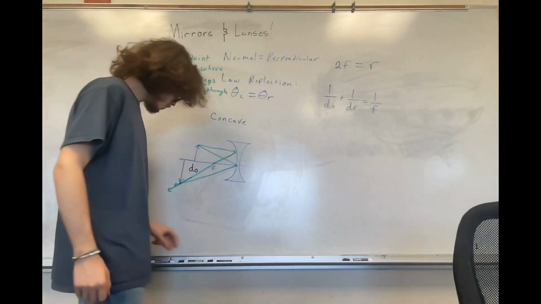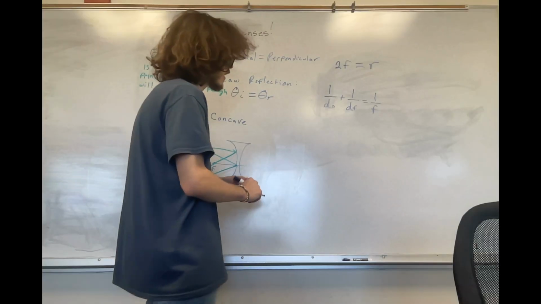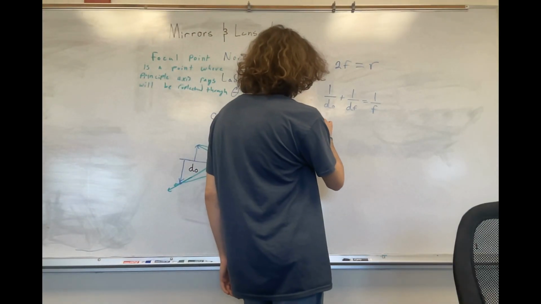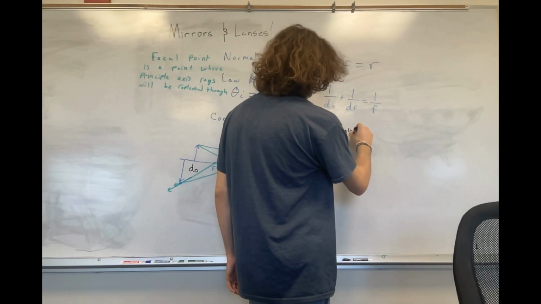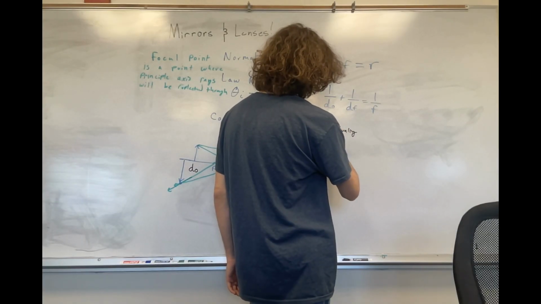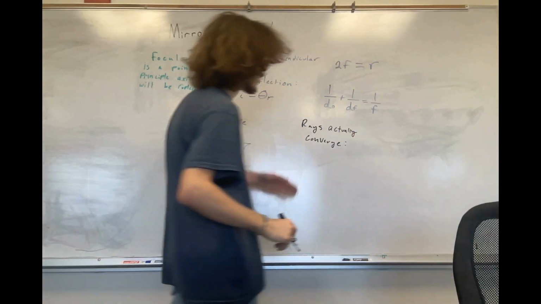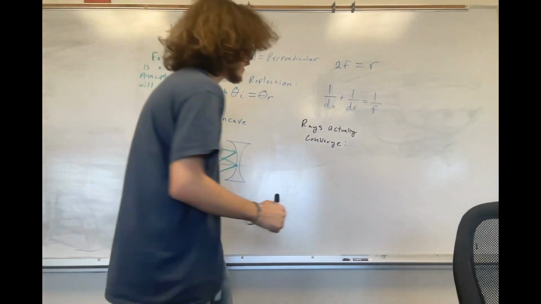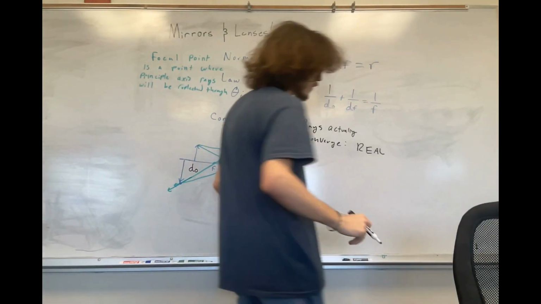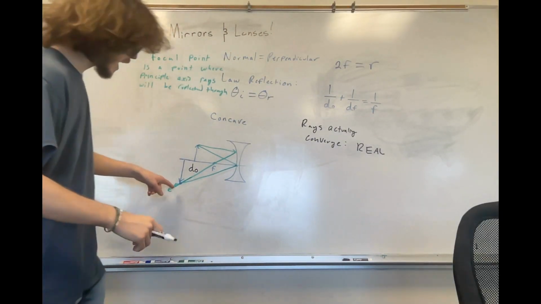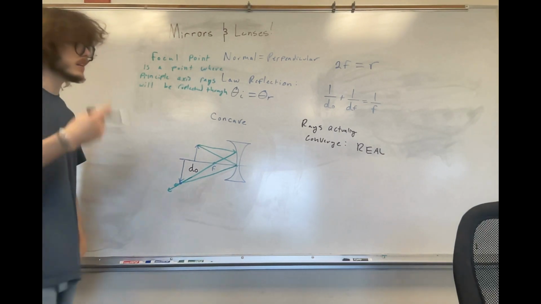Now, an important distinction I would like to make: if rays actually converge, this is going to give rise to a real image for lenses and mirrors. So if the rays are actually converging like they are here, that's a real image.